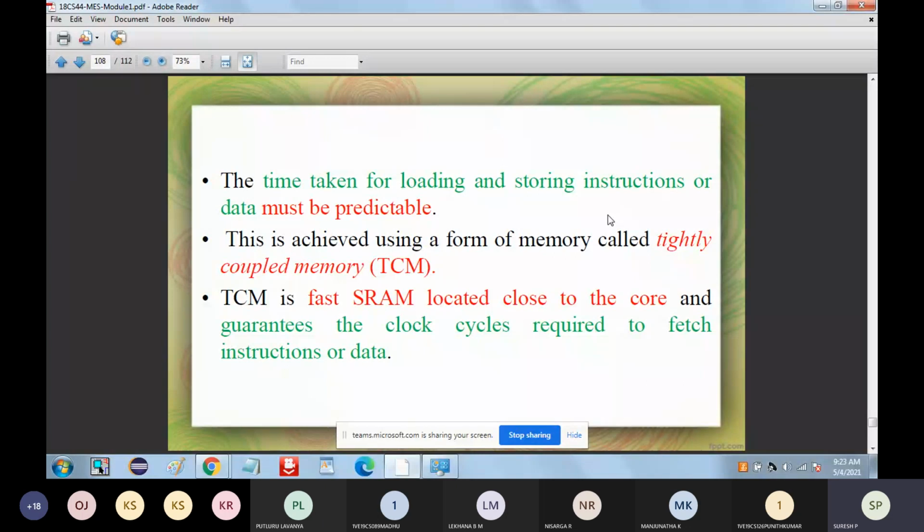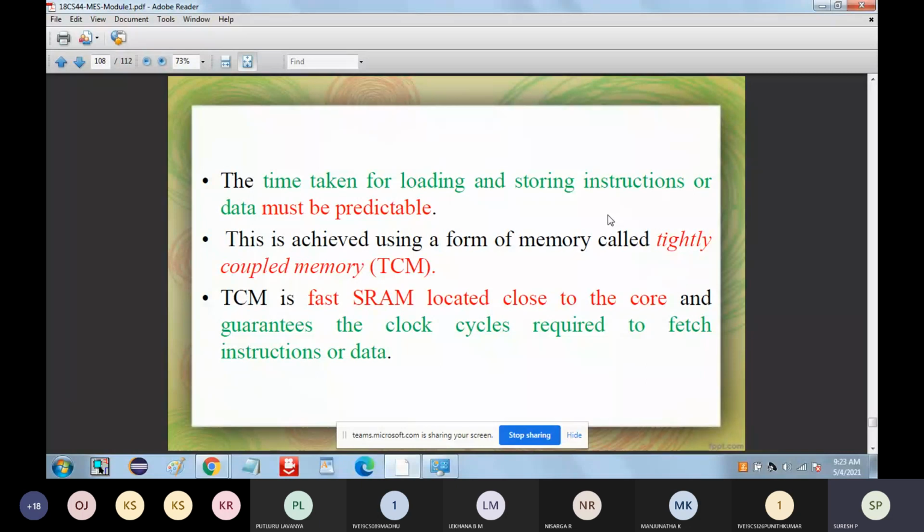For that, any program that has to run, with respect to memory, you compulsorily have two instructions. What are the two instructions? One is the store instruction, the other is the load instruction. The load instruction is going to load the data which is stored in the memory to the register.